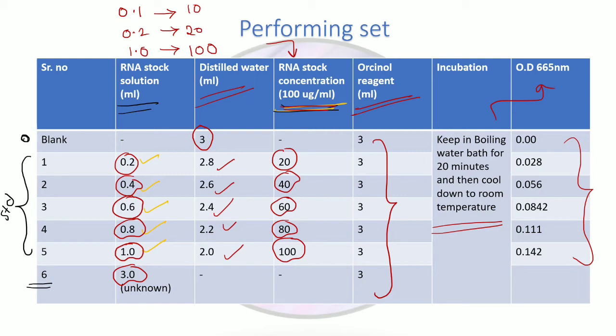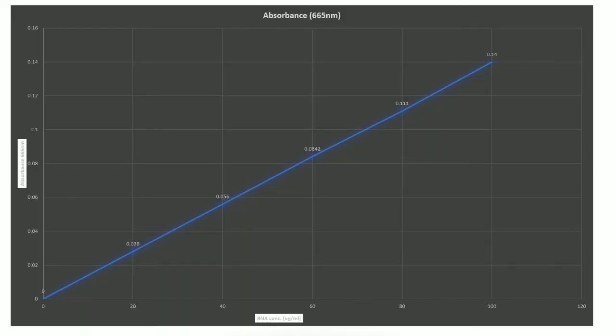So this is your standard graph. On the x-axis it is mentioned RNA concentration, which is in microgram per ml, and on the y-axis absorbance is present, which is taken at 665 nm. On plotting the graph you can see I have plotted at 20 microgram per ml the point 0.028.